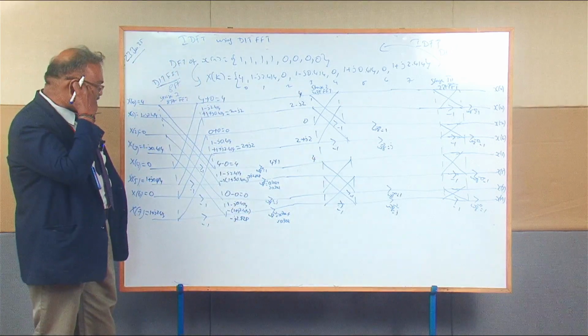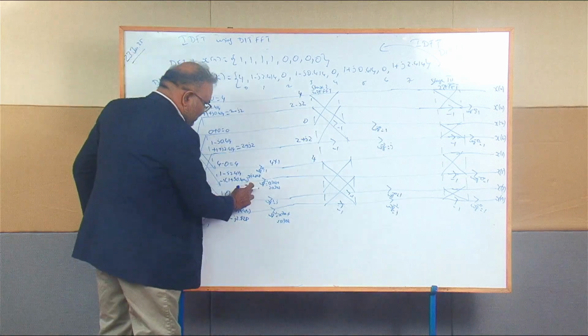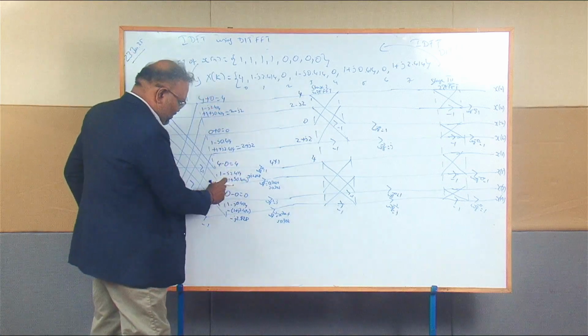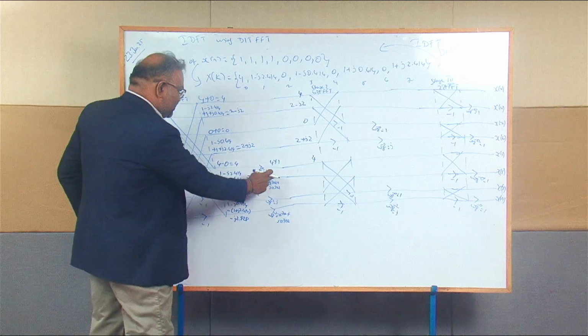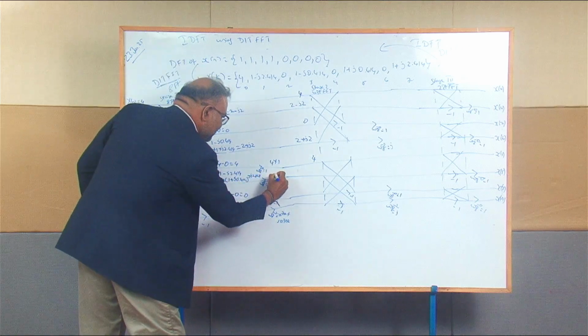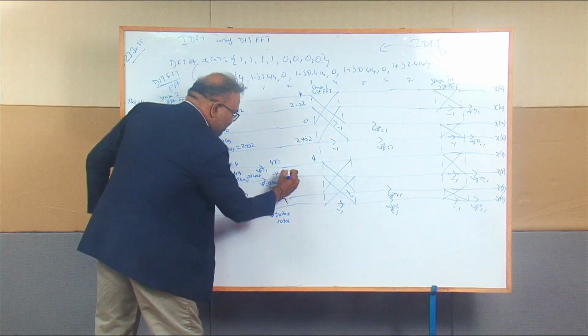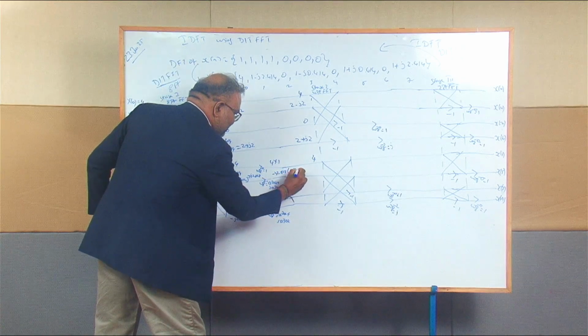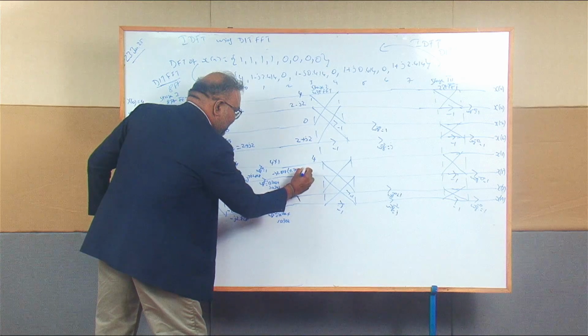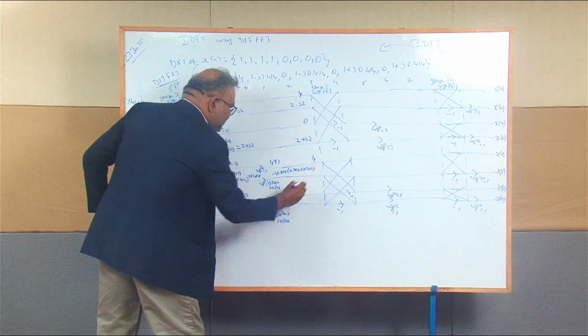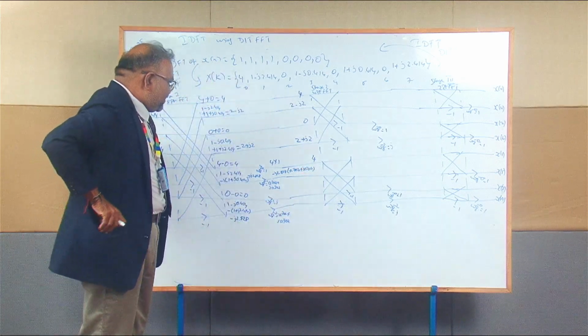Okay. Next one, finally, this signal is minus j2.828 into 0.707 plus j0.707. So, we will multiply with the calculator.